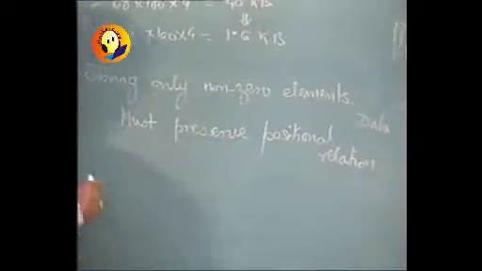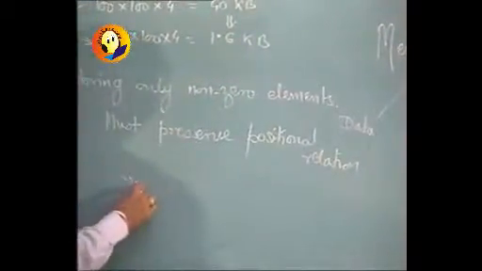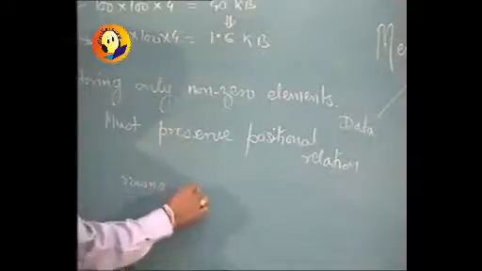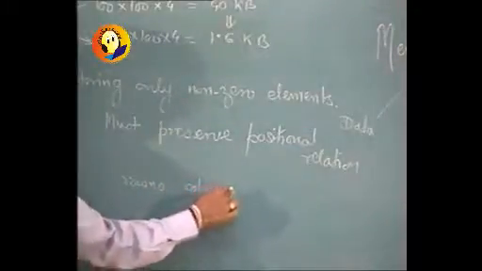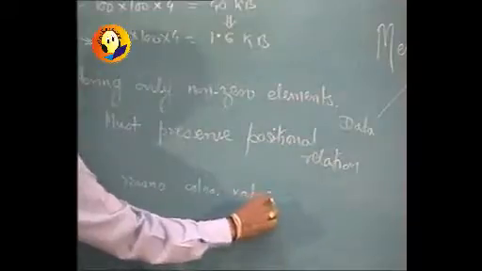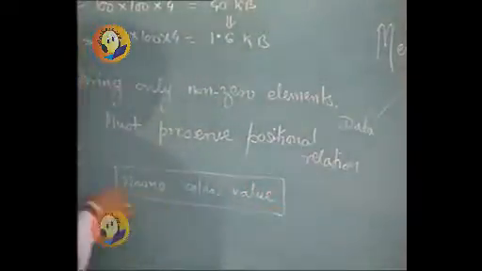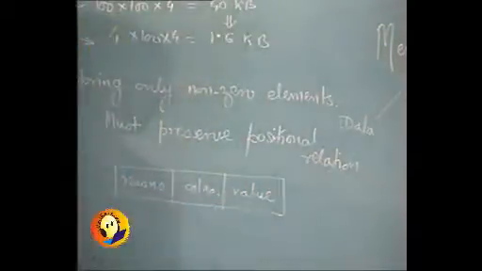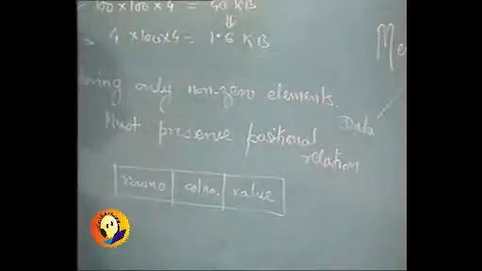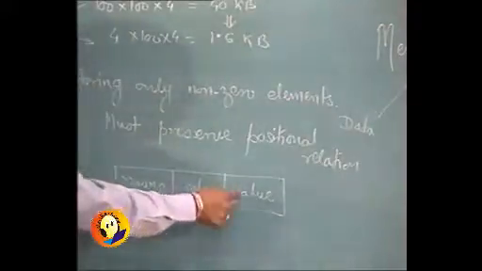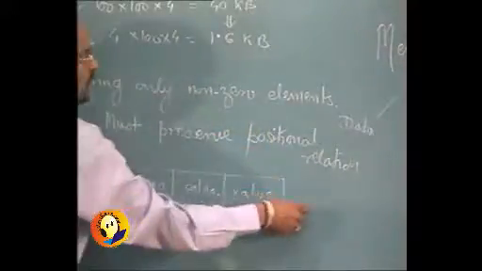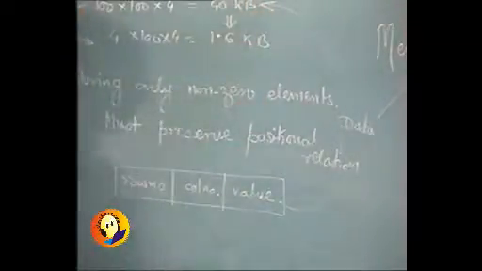That leads to each element being represented as row number, column number and value, whereas in the previous case, it was only the value. But when I store only the value, I will consume as much as 40 kilobytes of memory.